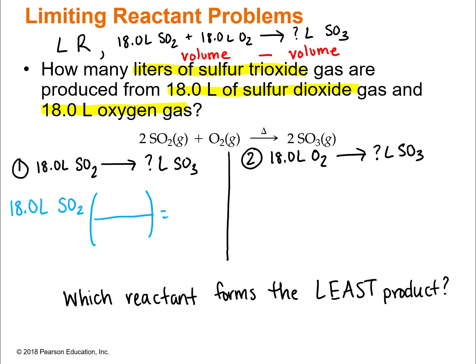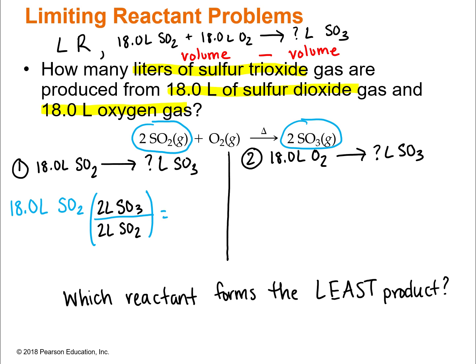Our first one, we're looking at SO2 and SO3. That's going to be our ratio. The B is SO3, the A is SO2.